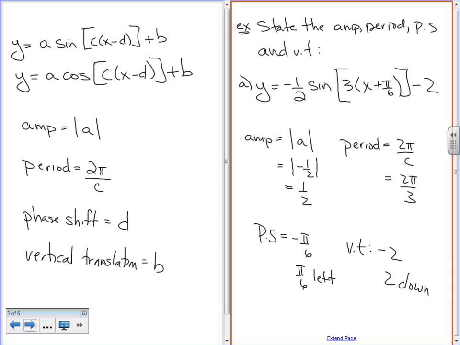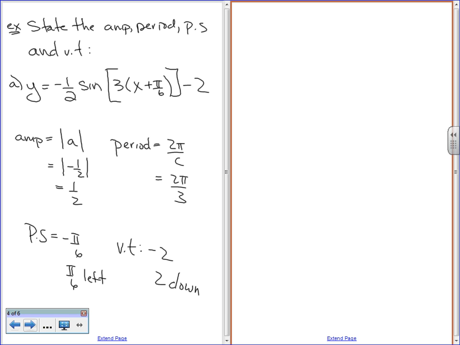Any questions on that? Okay. Y is equal to 3, the cosine of 1/3 x plus pi over 4 will be minus pi over 4 plus 3.